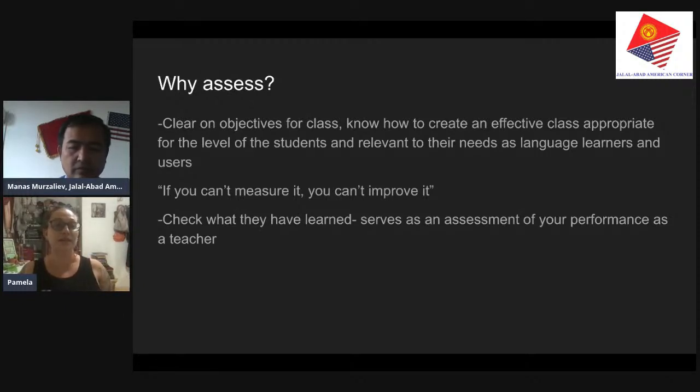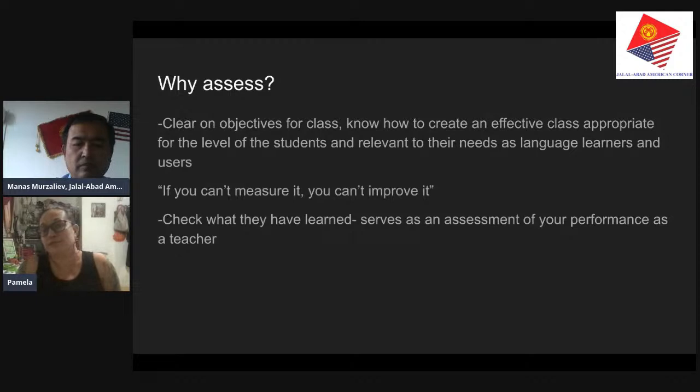So we need clear objectives for our class. We need to know how to create an effective class appropriate for the level of the students and relevant to their needs as language learners and users. So this is first off, like the diagnostic, like when they come in, where are they, what level are they, and so what do we need to address to help them get to their stated goals.